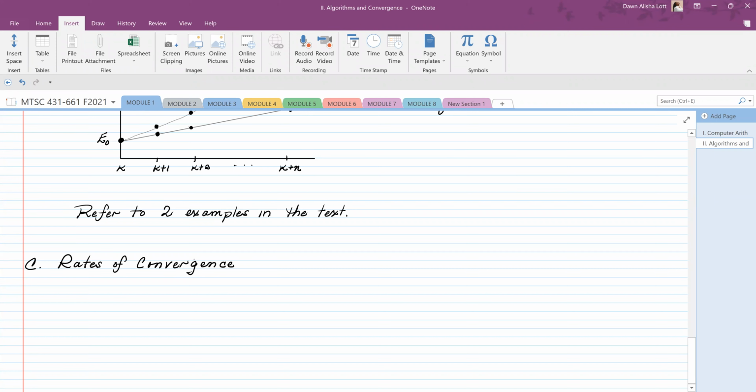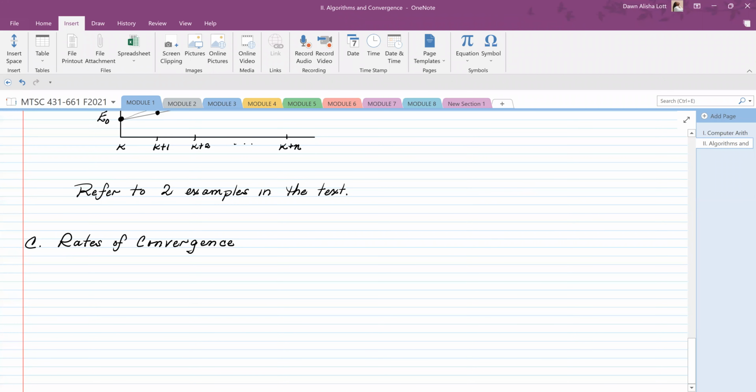Okay, so we know by definition what it means for something to converge. So let's just think for a series for a moment. a_n, and we're assuming that this thing converges to some number a.